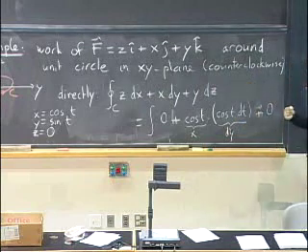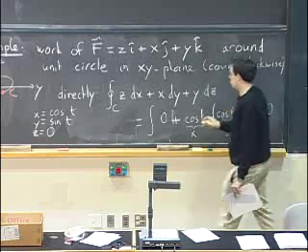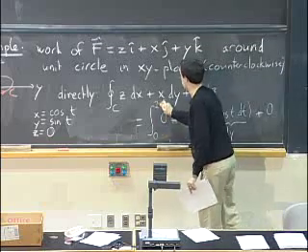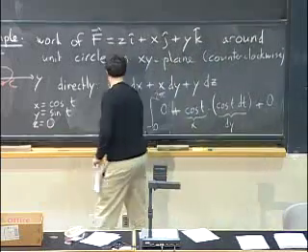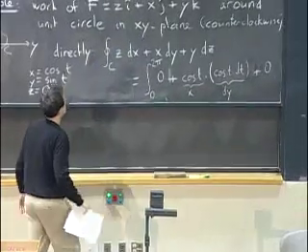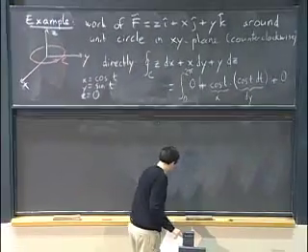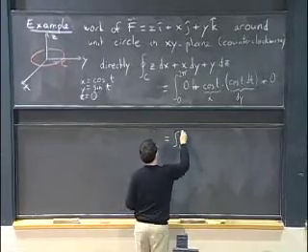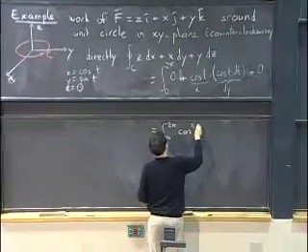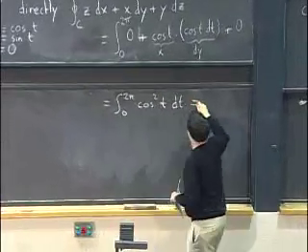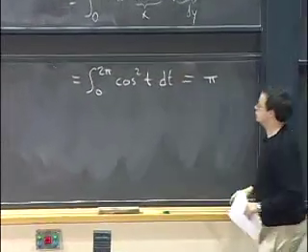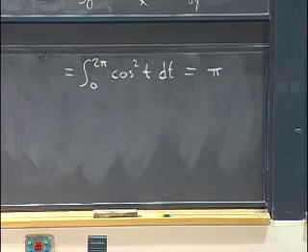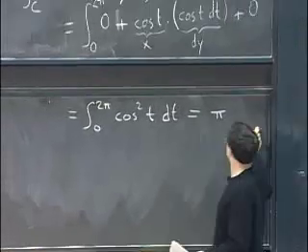Now, the range of values for t: we're going counterclockwise around the entire circle, so that should go from 0 to 2 pi. So we'll get the integral from 0 to 2 pi of cosine squared t dt, which, if you do the calculation, turns out to be just pi. Okay?